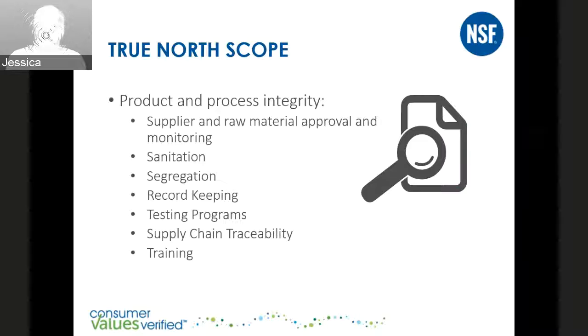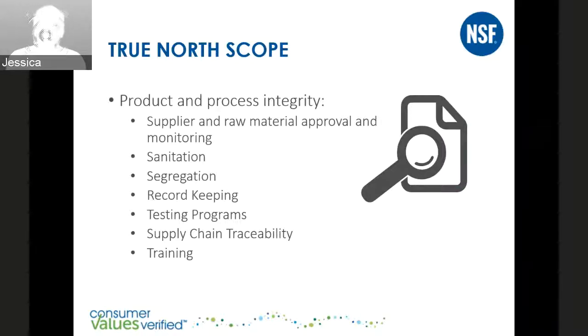So that's very similar. This includes, but is not limited to, supplier and raw material approval, monitoring, controls and product development, and launch procedures, sanitation and segregation controls, documented operating procedures, and the like.